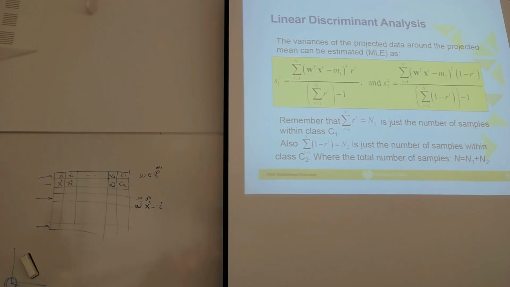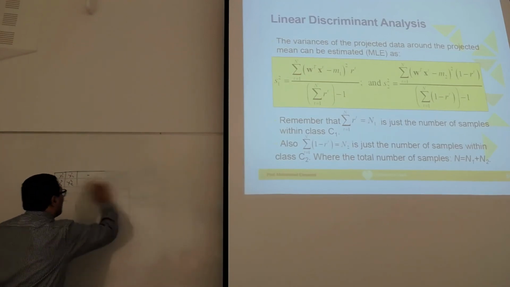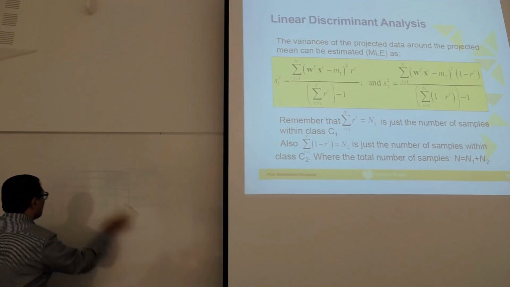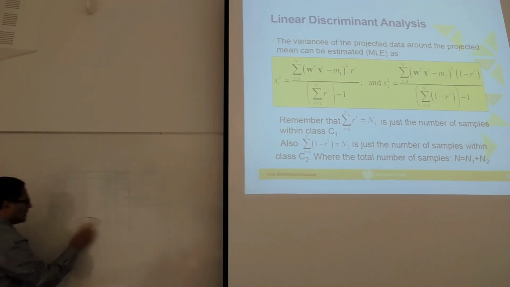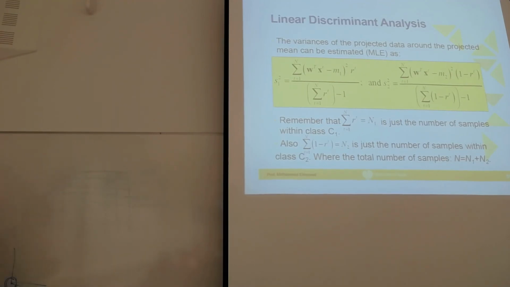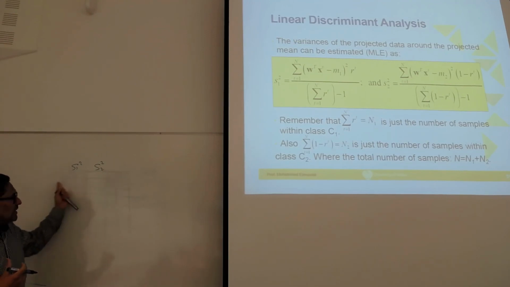Okay, now what is our aim here, or what is our objective? Our objective mainly is to keep S1 square and S2 square as small as possible, because this gives the scattering, or the variance of the data around its mean. And now it is like supervised learning, because we know which class each data belongs to.